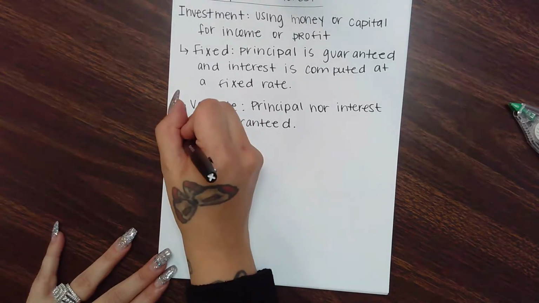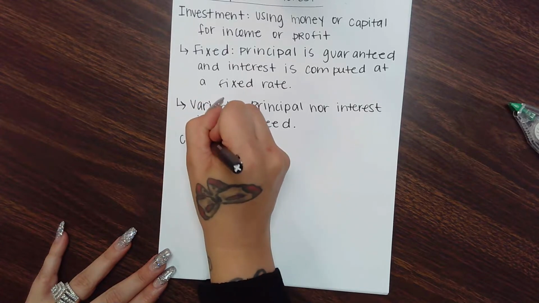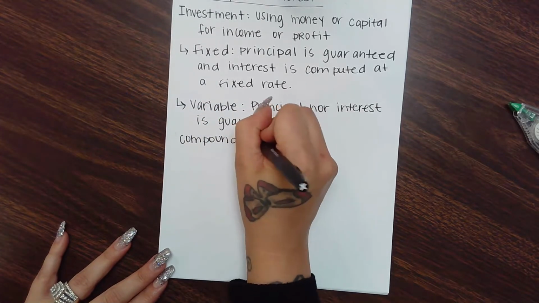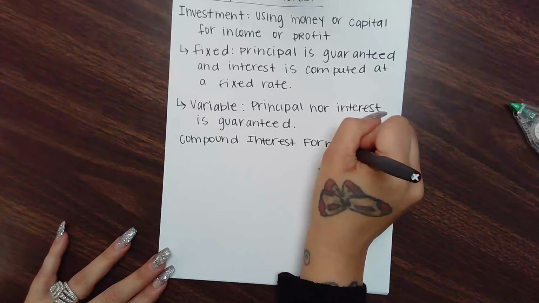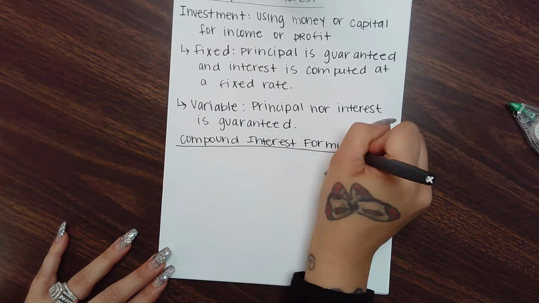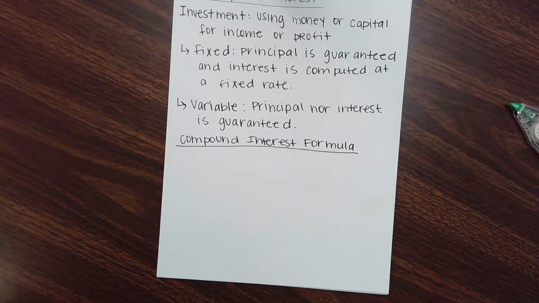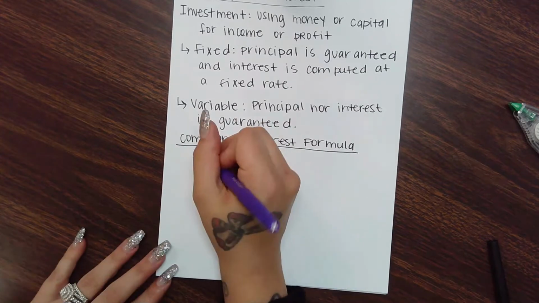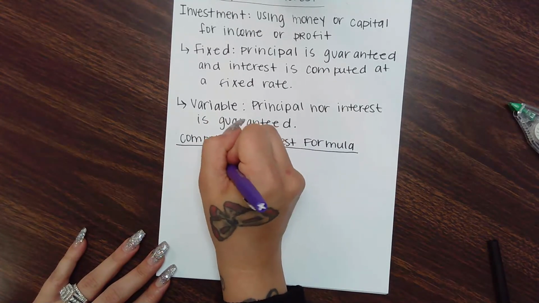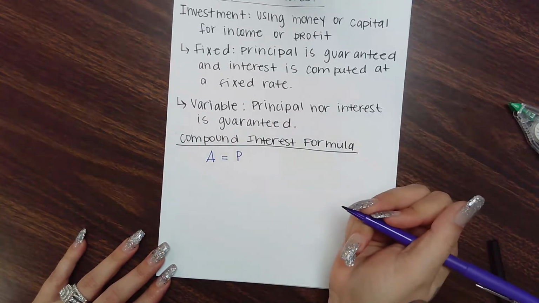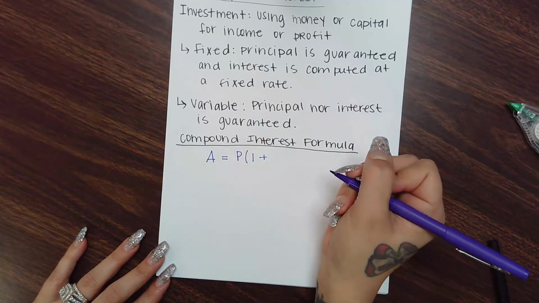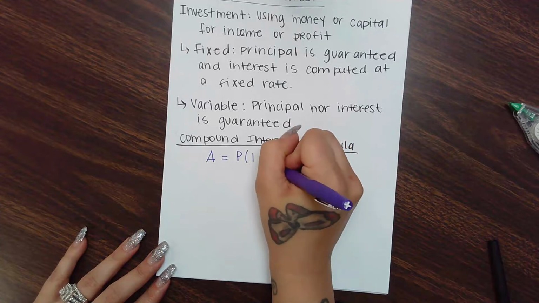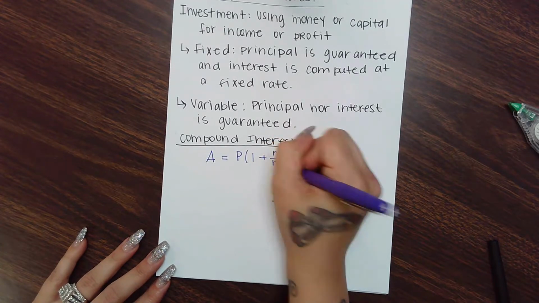The compound interest formula is A equals P, open parenthesis, 1 plus R over N, close parenthesis.